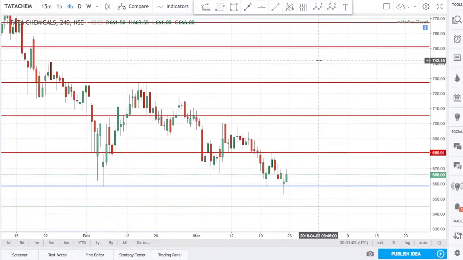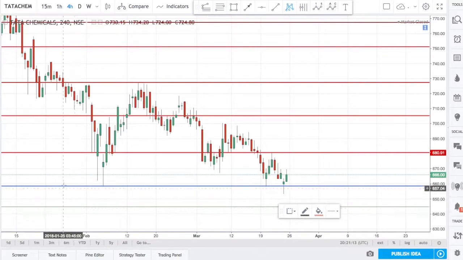There is a bad pattern on Tata Chemicals, and let me show you how this pattern got formed on Tata Chemicals.